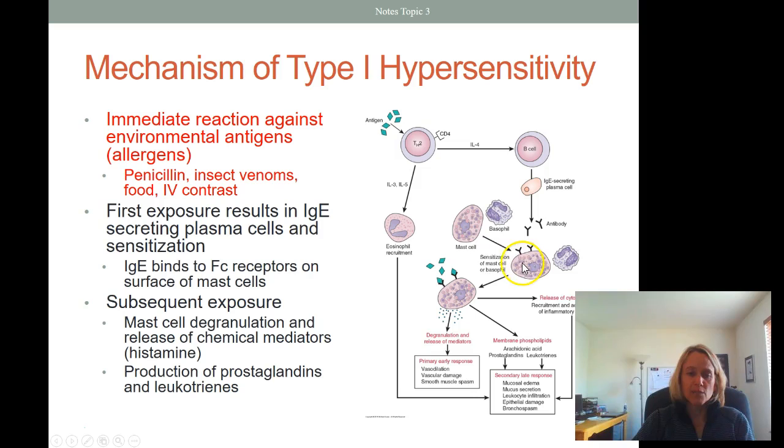Then on any subsequent exposure, allergen binding to those antibodies on the sensitized mast cells is going to cause those mast cells to degranulate and release chemical mediators such as histamine. It's also going to cause those mast cells to produce prostaglandins and leukotrienes, and this is going to result in our responses.